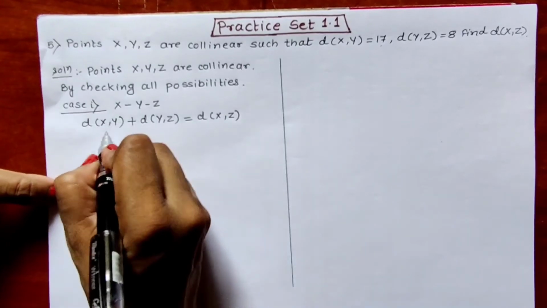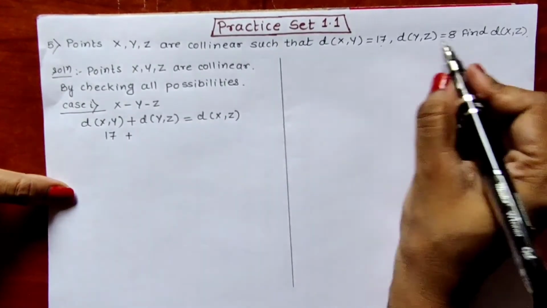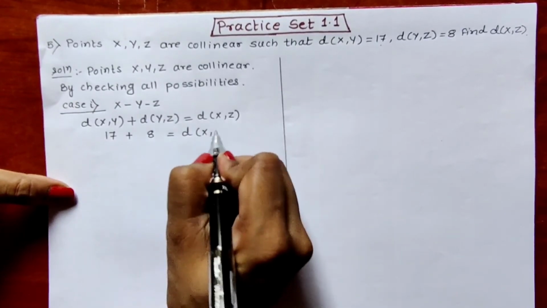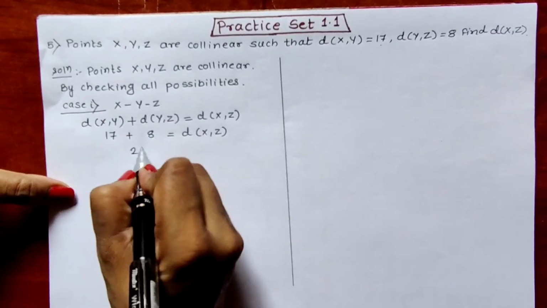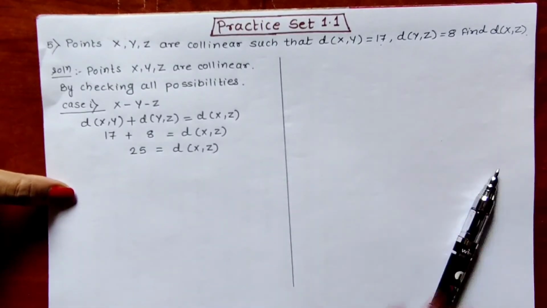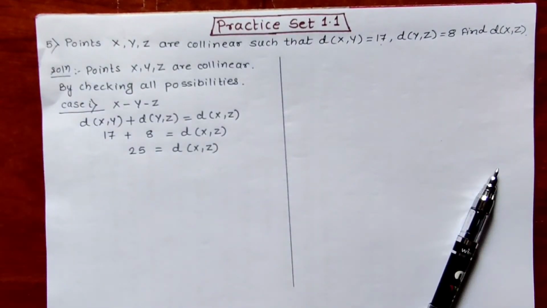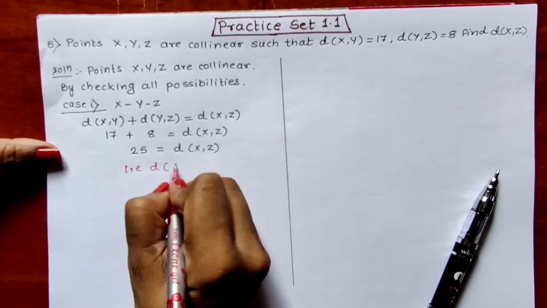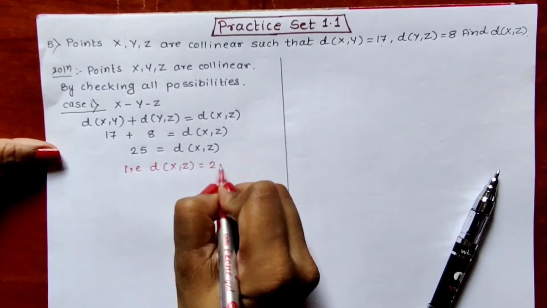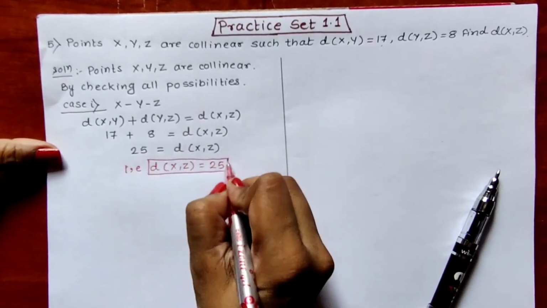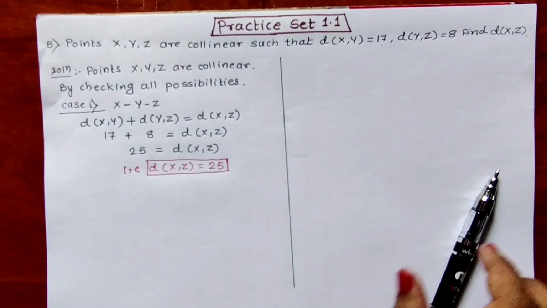XY is equal to 17 plus YZ is equal to 8, and distance XZ we have to find out. 17 plus 8 is 25, equal to distance XZ. We are getting a positive answer. So this possibility can be considered and this is the correct one. And therefore distance XZ is equal to 25. It is the correct answer. Now let us check case 2, the second possibility.